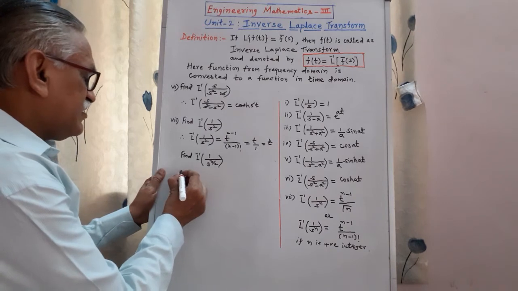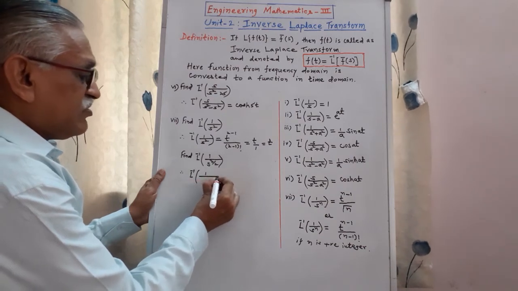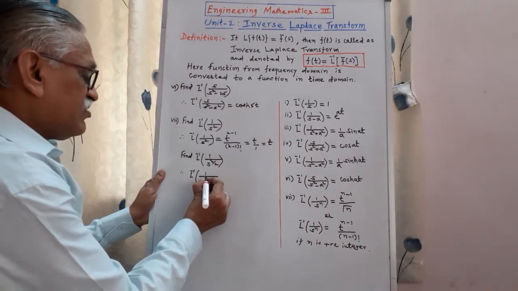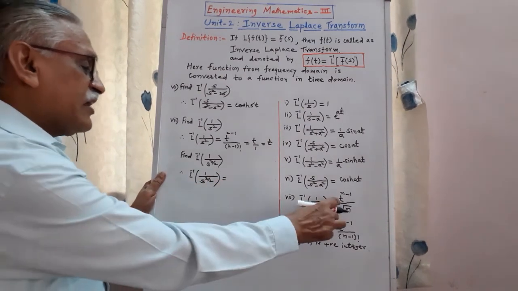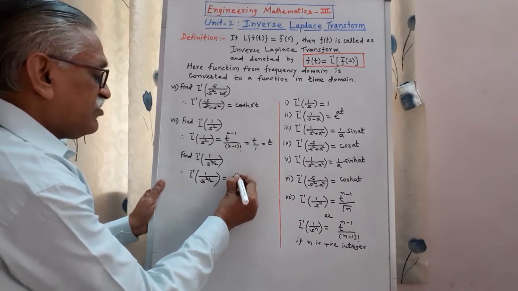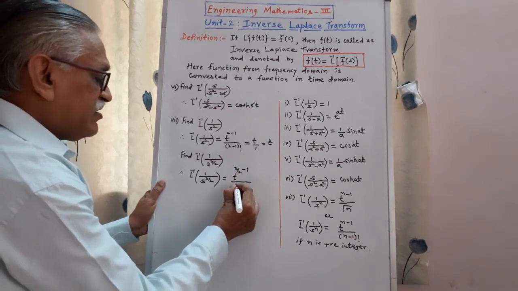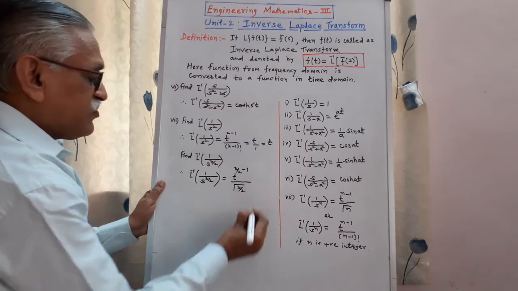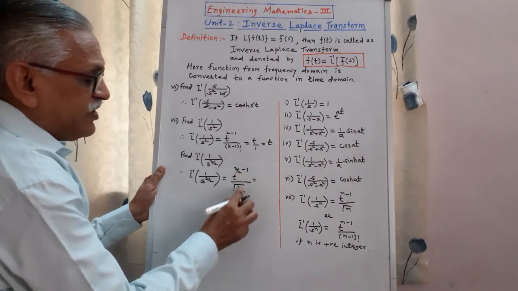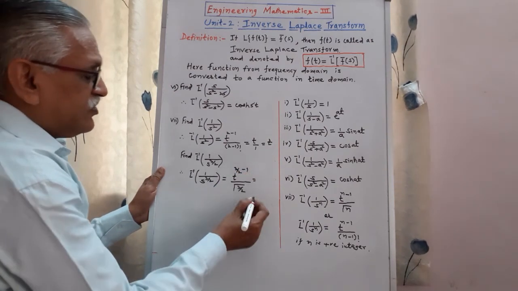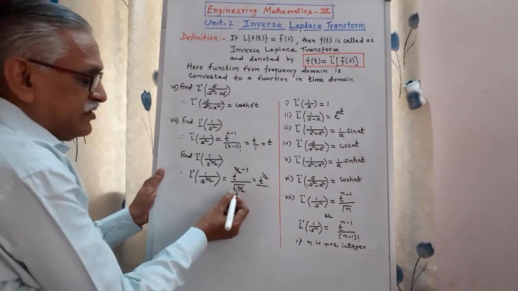Applying that result, inverse Laplace of 1 upon s raised to 3 by 2, here n is 3 by 2, as per that it is t raised to n minus 1, 3 by 2 minus 1, divided by gamma n, gamma 3 by 2. This is 3 by 2 minus 1, that is 1 by 2, therefore t raised to 1 by 2 divided by this gamma.